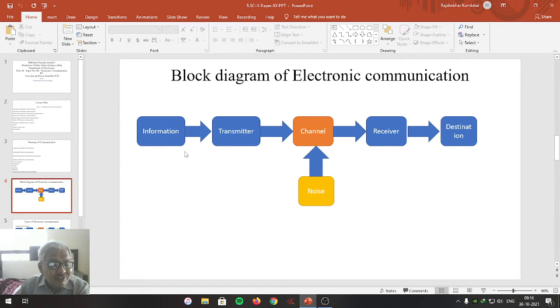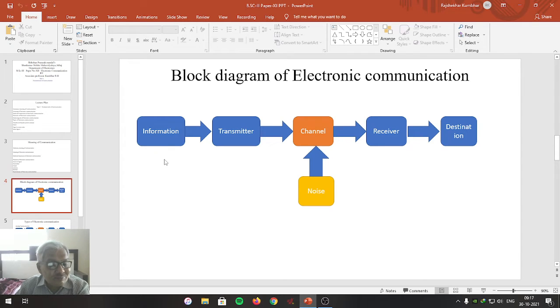The predictability is less when the message is moving from one place to another place. This message may be a physical signal, and if it is a physical signal, it is converted into an electrical signal by means of a suitable transducer.